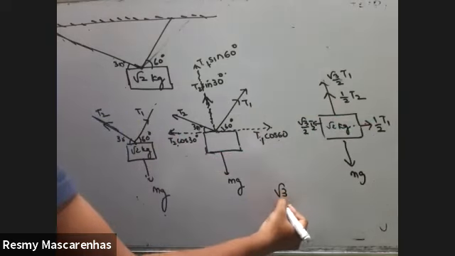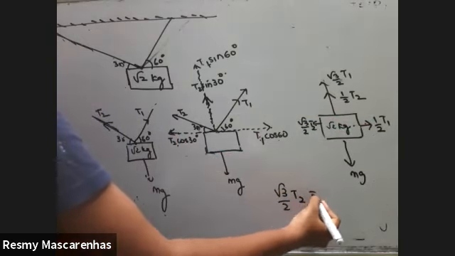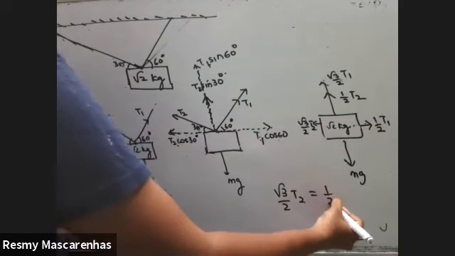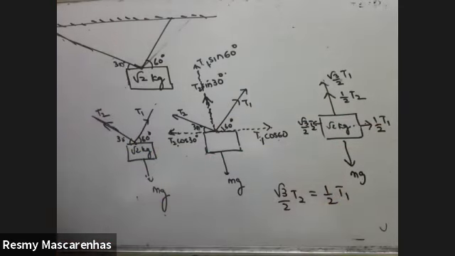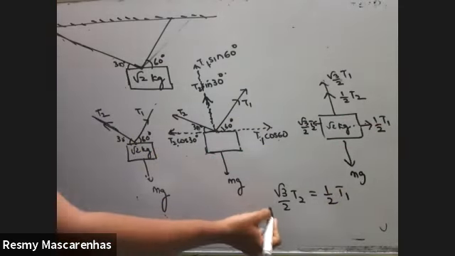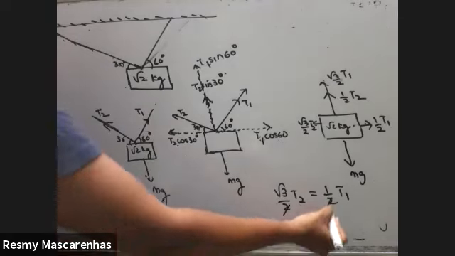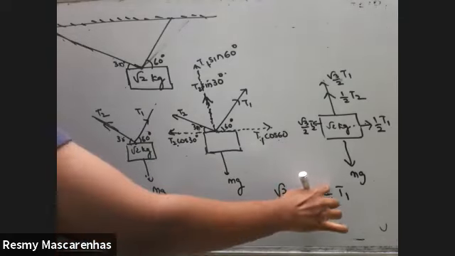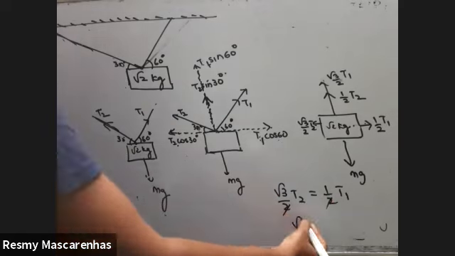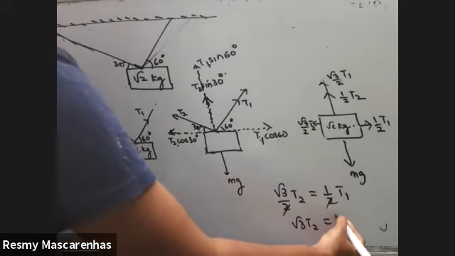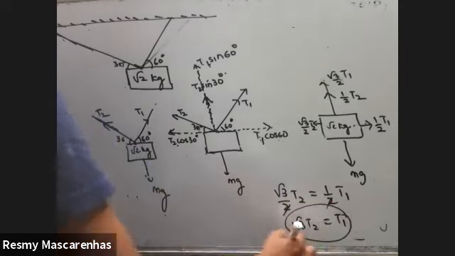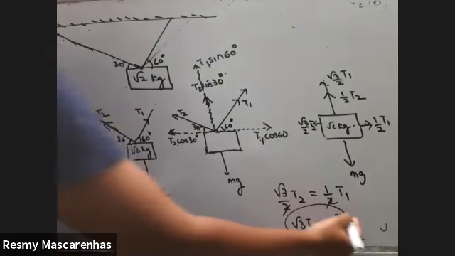As per that logic, root 3 by 2 T2 will be equal to half T1. This is the first equation we will get. So 2 and 2 will cancel. So we know that T1 is root 3 times T2. So put this as equation 1.